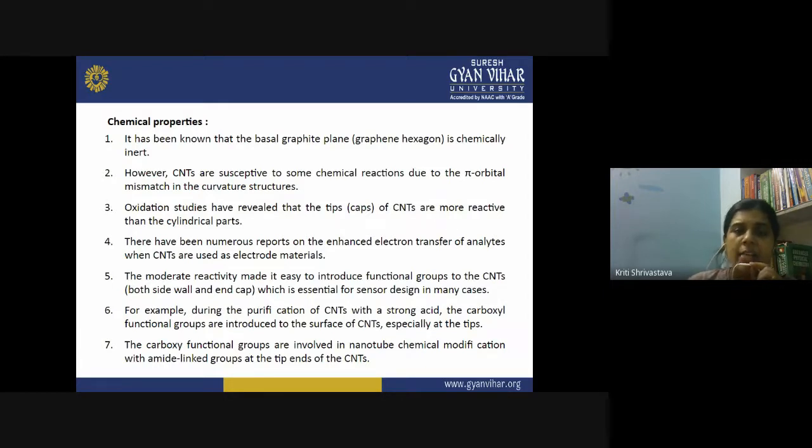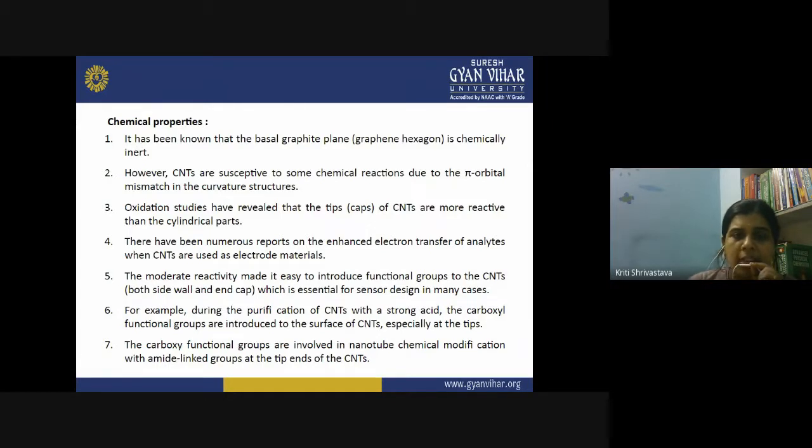Either the analyte will take electron from the working electrode, or it will give its electron to the working electrode. It could be oxidation reaction or reduction reaction. So in both the cases, whatever reaction is going to take place, at the end it will be some electron transfer reaction. And what these carbon nanotubes are doing, they enhance that electron transfer reaction.